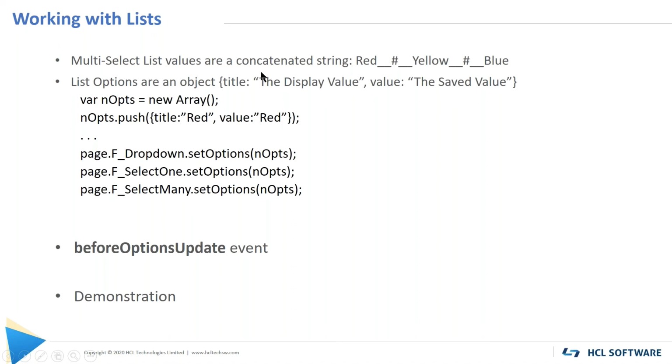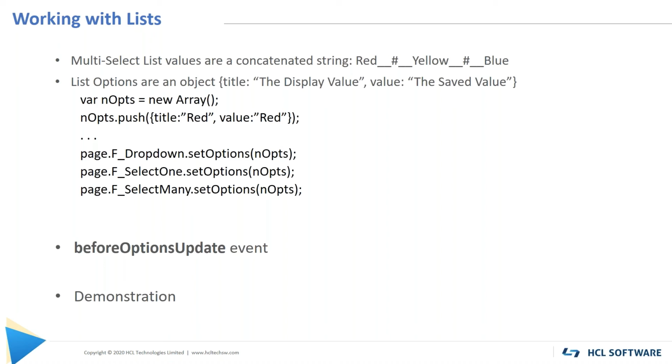So when you're working with multi-select lists and their values within JavaScript, you're going to have to split that value out, and you can use the split function. So it's quite easy to say, okay, get the value of the multi-select list, split it into an array based on the underscore underscore hashtag underscore underscore, and then from there you can now work with those selected choices.